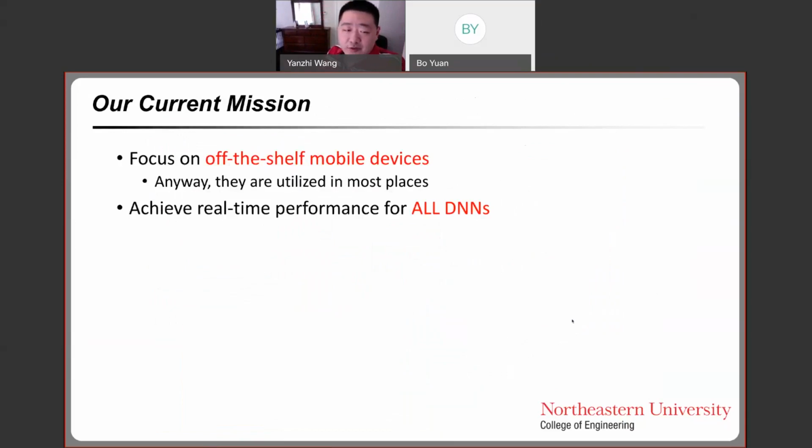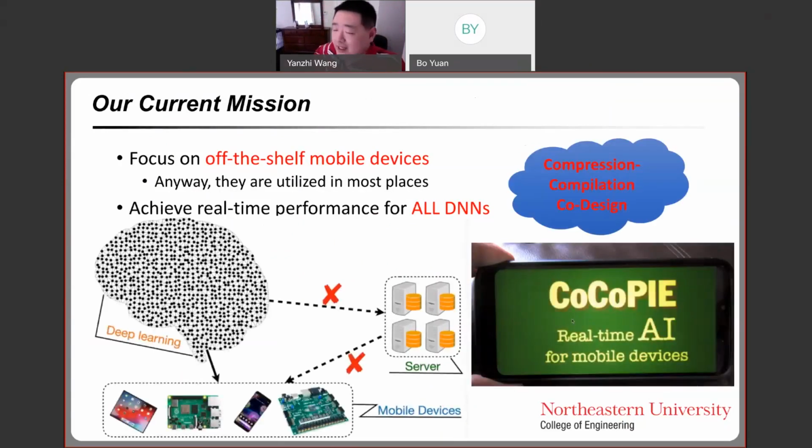Our goal is to achieve real-time performance for all deep neural networks. Conventionally, people believe that this requires servers or dedicated hardware accelerators. And we say, no, may not be the case. We can use off-the-shelf commercial devices like a mobile phone, and our goal is to achieve real-time performance without accuracy sacrifice on all of these systems.